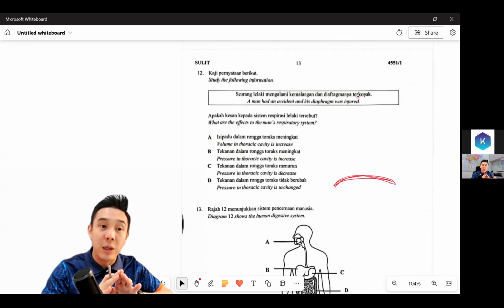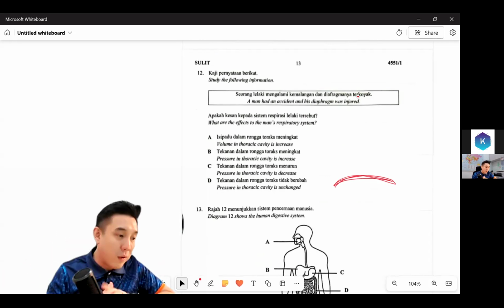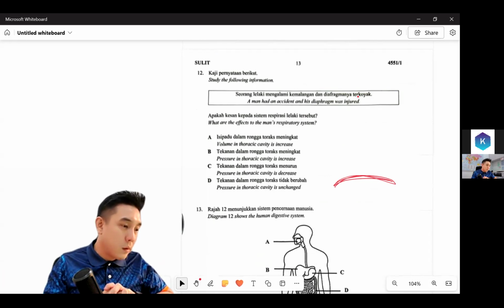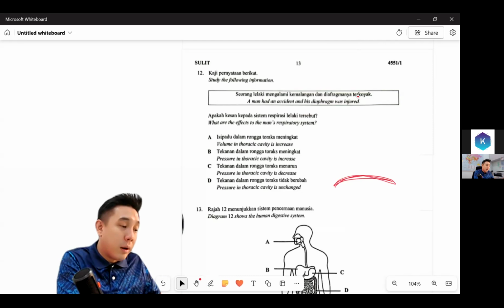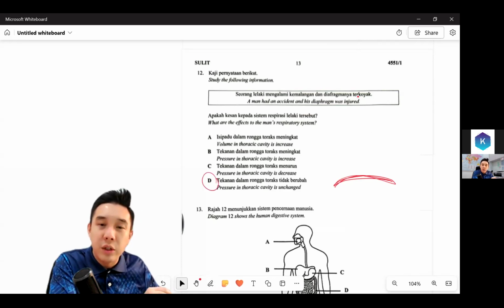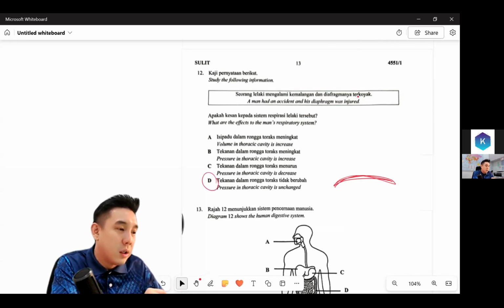So if hard to flatten, the pressure will be hard. Oh, sorry. They want the pressure. So pressure here is unchanged.